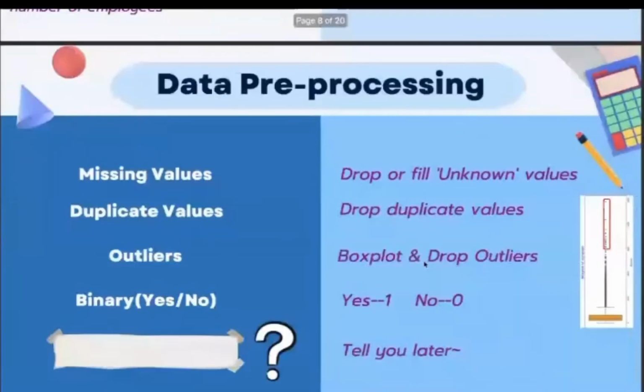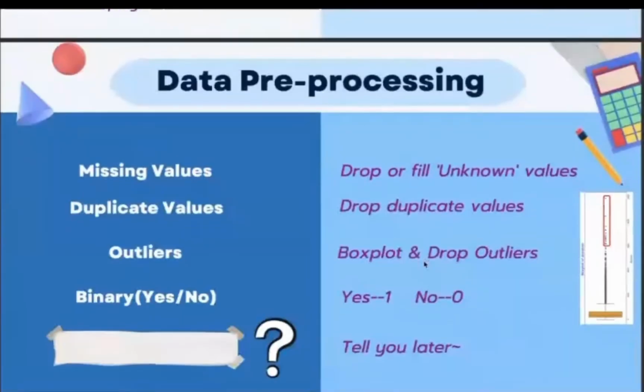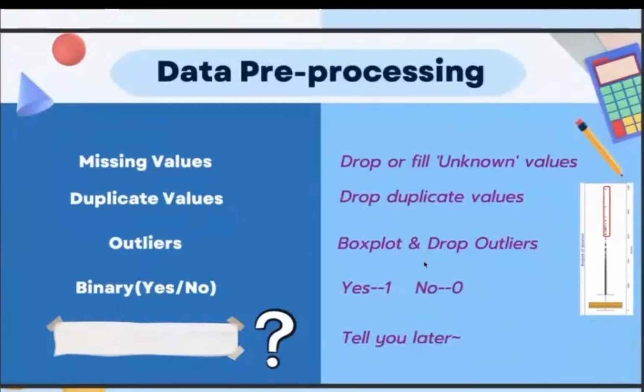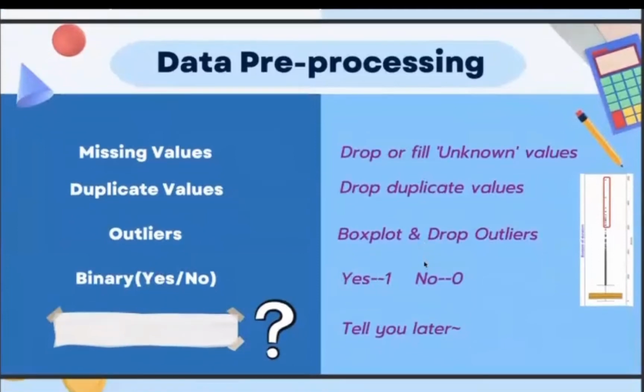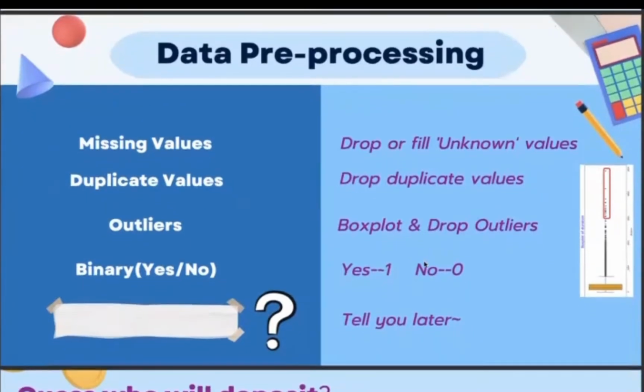Before analysis, we need to do some data cleaning and pre-processing. We find 5 problems we need to deal with. The first one is missing values. We drop or fill some unknown values in the data set based on the columns they are in. We also find some duplicate values in the data set, and we drop them.